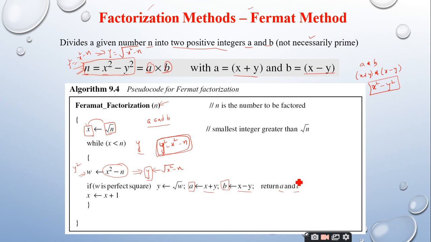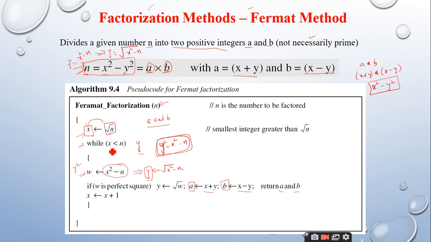Yes, sir. So the basic idea behind Fermat's method is, the given number can be expressed as x square minus y square. Your target is to find two values a and b. How you are going to do that is, you take an x value which is very close to the square root of n, and then you make use of the while loop.